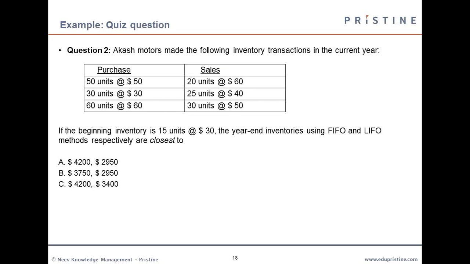The solution is the last option. And how did we calculate this? Using the FIFO method, the initial goods that we purchased are the initial items sold. So here we purchased a total of 50 plus 30 plus 60, which is 140 units.